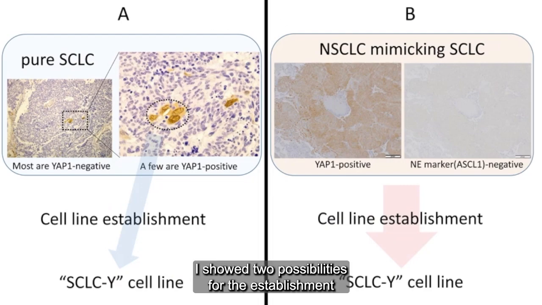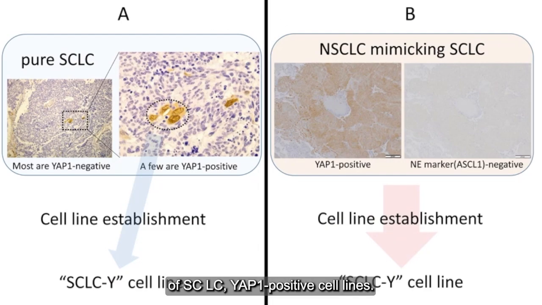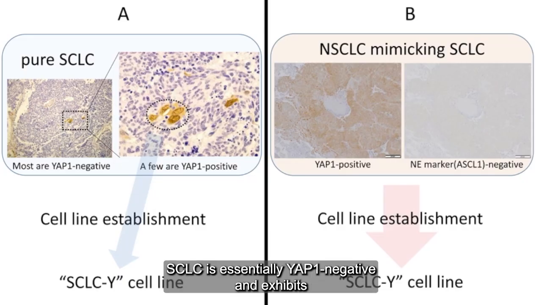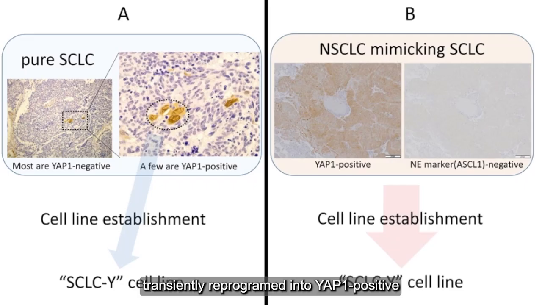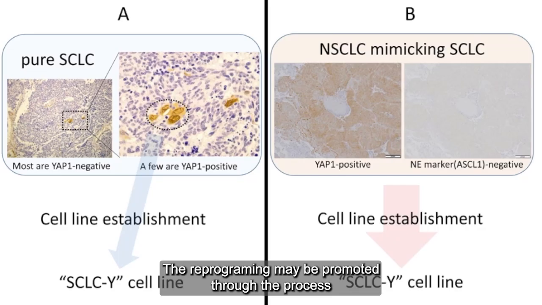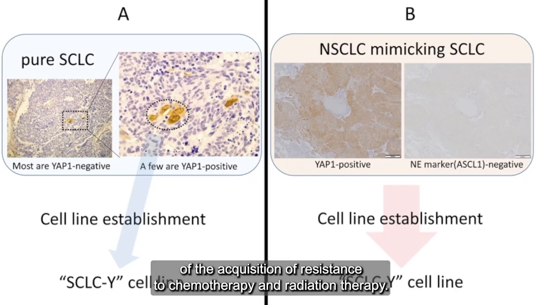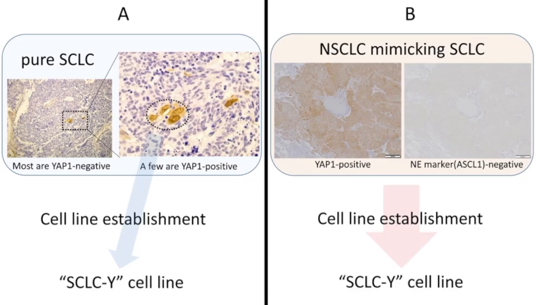I showed two possibilities for the establishment of SCLC-Y, YAP1 positive cell lines. SCLC is essentially YAP1 negative and exhibits neuroendocrine differentiation, but a few cells in the tumor mass are transiently reprogrammed into YAP1 positive, non-neuroendocrine type cells. The reprogramming may be promoted through the process of the acquisition of resistance to chemotherapy and radiation therapy.